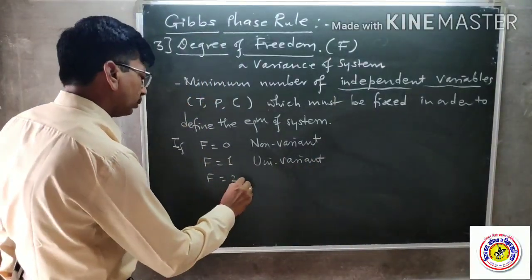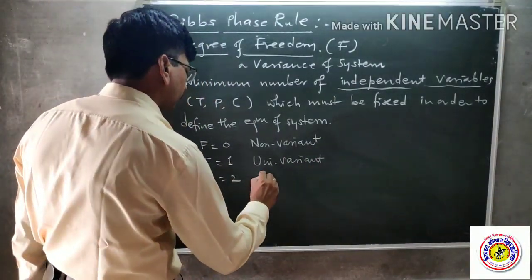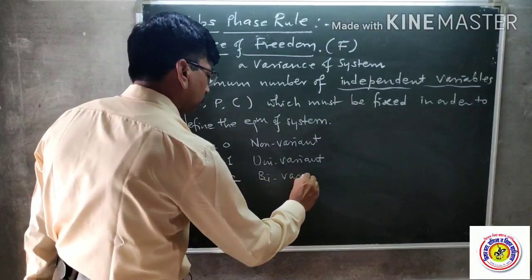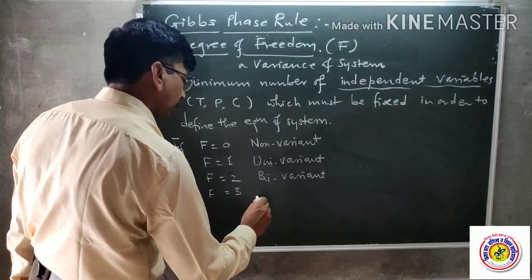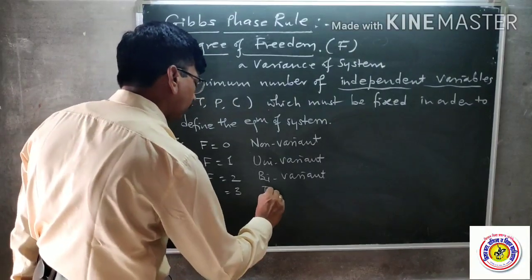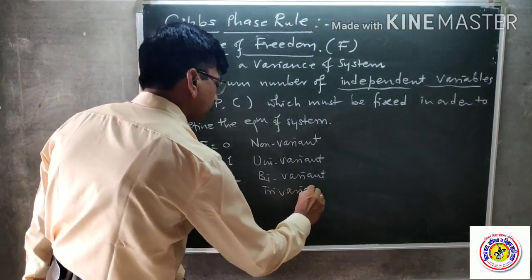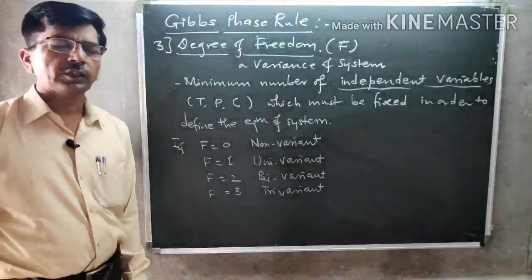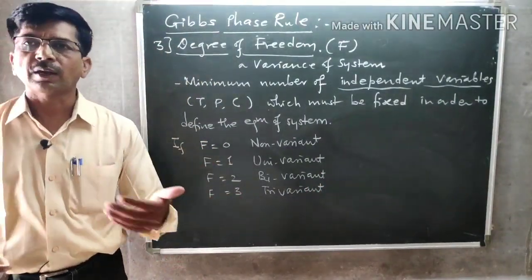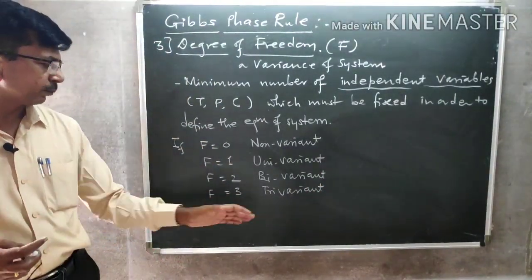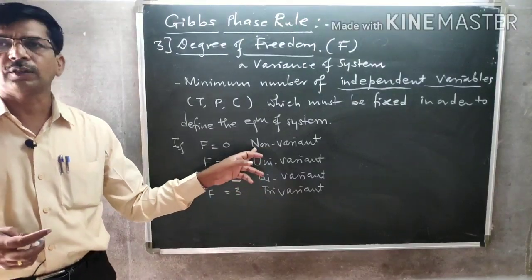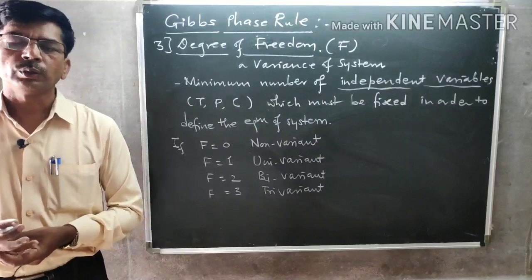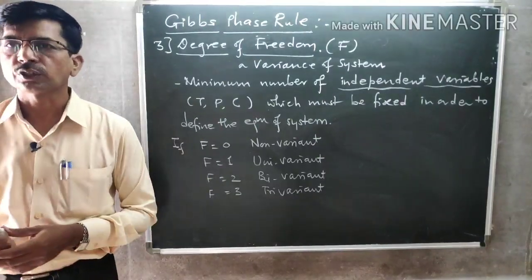If it has 2 degrees of freedom, then we call it a bivariant system, and if F value is 3, then we call it a trivariant system. That is, the number of variables, parameters which we can vary are 3 in this case, 2 in this case, and 1 in this case. If we cannot vary a single parameter to define the system, we call it a non-variant system.